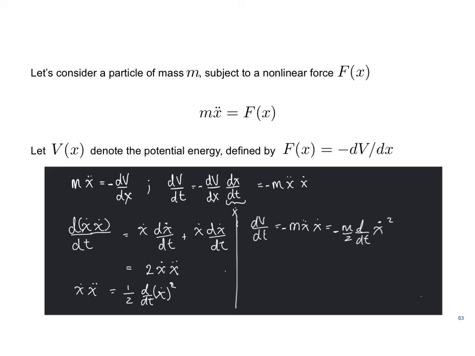Now, if we reorganize this equation, we will have d/dt of the potential plus m/2 x dot squared, and this is going to be 0 because we are reorganizing the equation. It also means that we have something that we can define as energy to be constant.